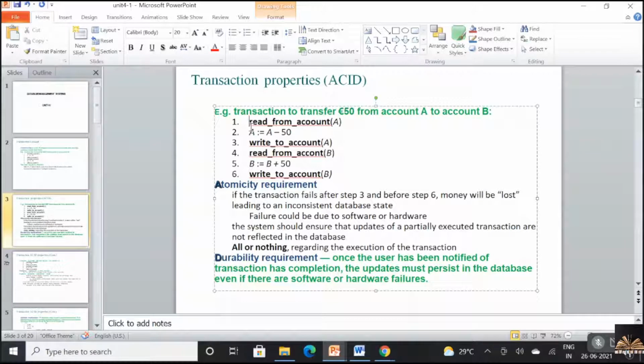So read from account A. You can write this as read of A. Then, instead of writing to account, it's just your understanding, write of A. Again, read of B, and here write of B. I'm just telling you the terminology, how we are going to work with it.